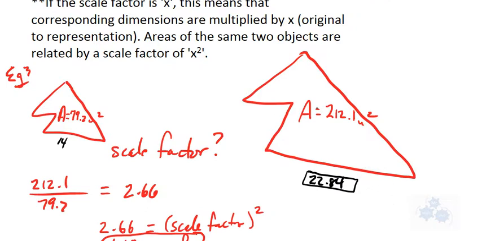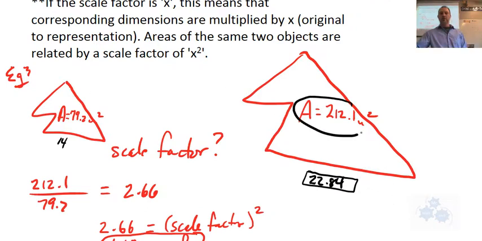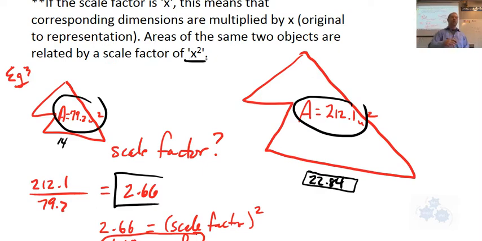Okay, so the ratio between the areas here we found was 212.1 divided by 79.2, which is this number right here. And because of what we said above, the areas are related by the square of the scale factor. So if this is the square of the scale factor, we take the square root, and there's your scale factor. So if you're given any dimension on the first one, you simply multiply it by the scale factor to get the dimension on the next one.